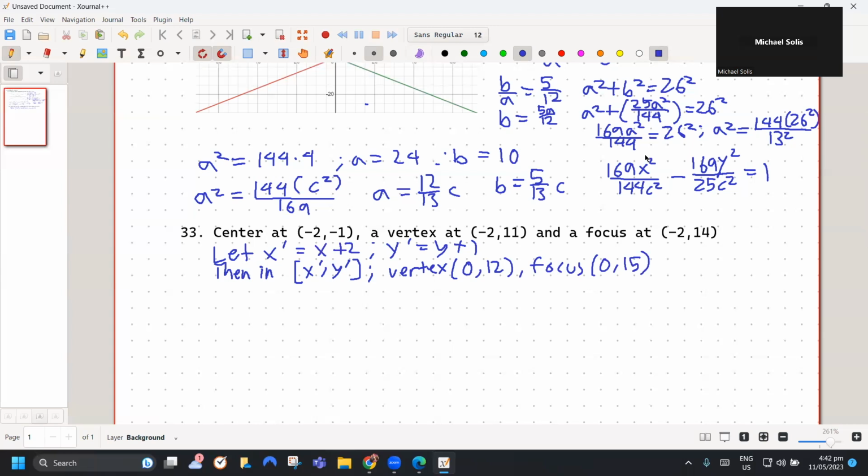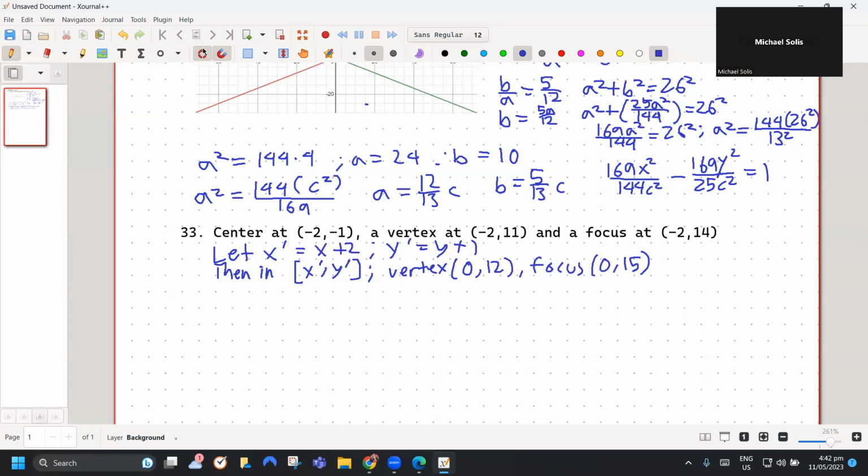So or pwedeng you can start at the next or cut that thing and then go over to the next page. You have plenty of space. So origin is 0, 0. Unprimed it's going to be negative 2, negative 1.